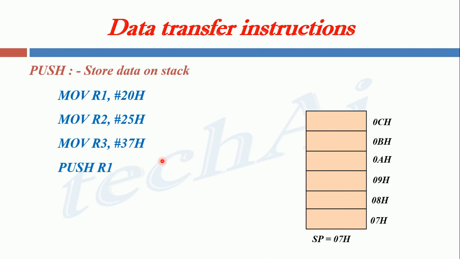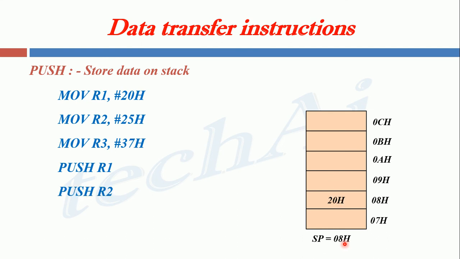If we execute the push instruction, push R1, this instruction will push the data of R1 register onto the stack memory. But whenever this instruction is executed, first of all, the value of stack pointer will be incremented by 1. That means stack pointer will point to the next memory location. In this case, it will point to the 08 location, and the value of R1 register is stored at the address location pointed by the stack pointer. That means 08H.